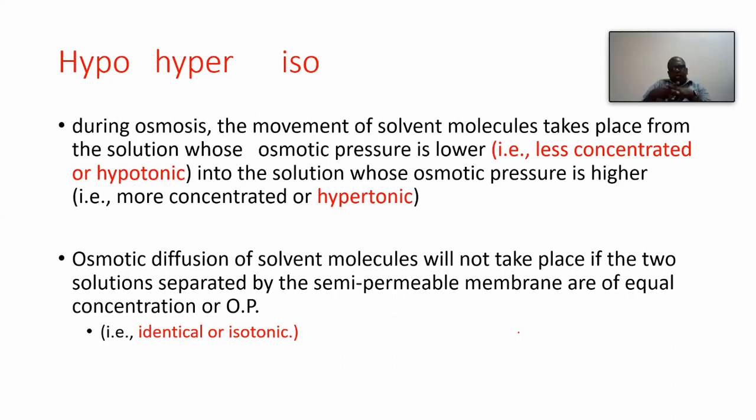See, where the osmotic pressure is high, less solvent is available. Where the osmotic pressure is low, more water is available. So if a particular solution has more water, that solution is called hypotonic.